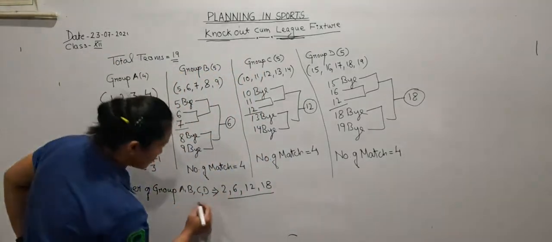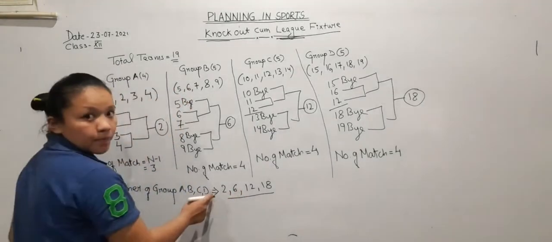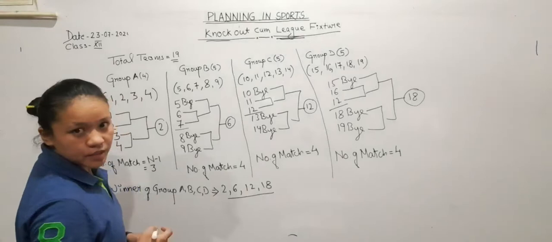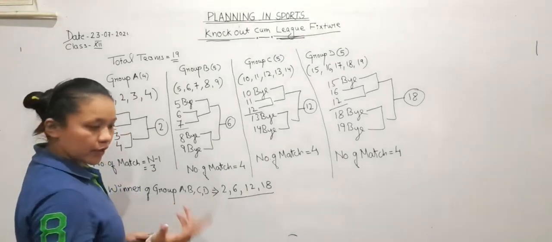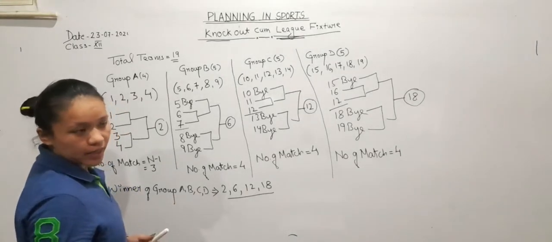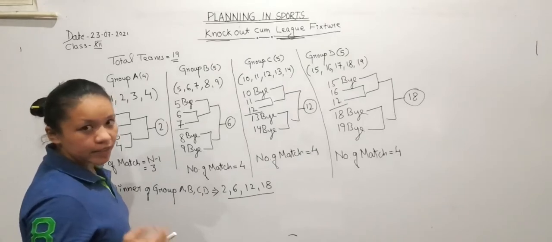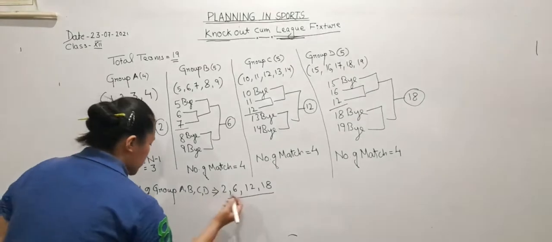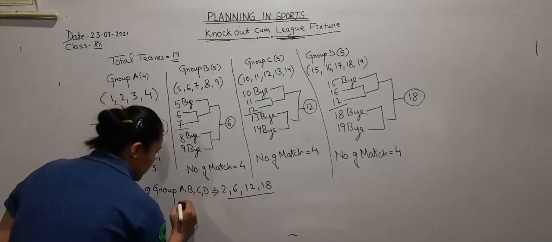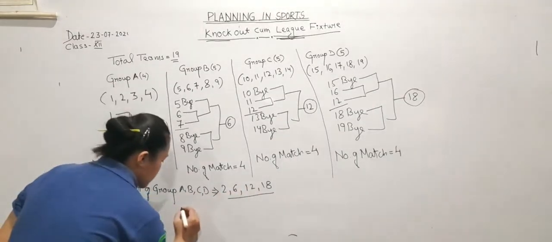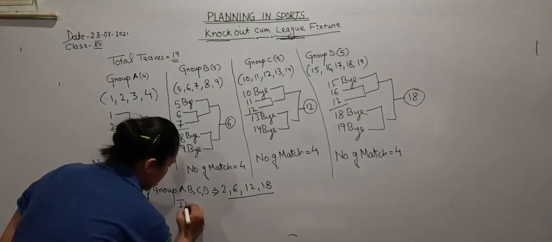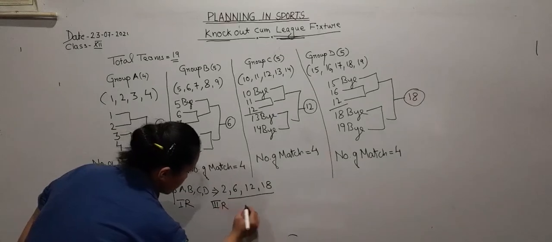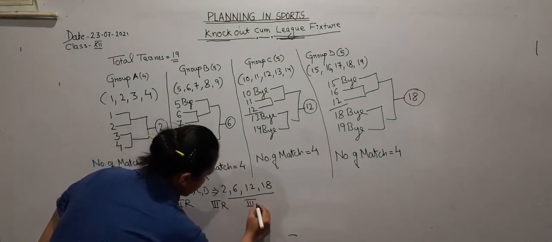So there is 1, 2, 3, 4, and it is your wish whether you draw as per the stair, cyclic or table fixtures. I am doing according to the cyclic fixtures. First round, second round and third round.